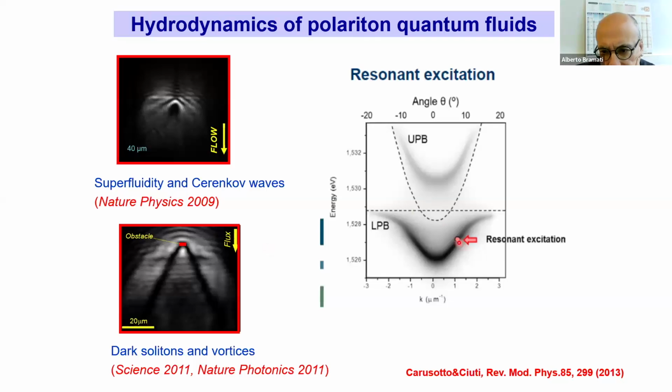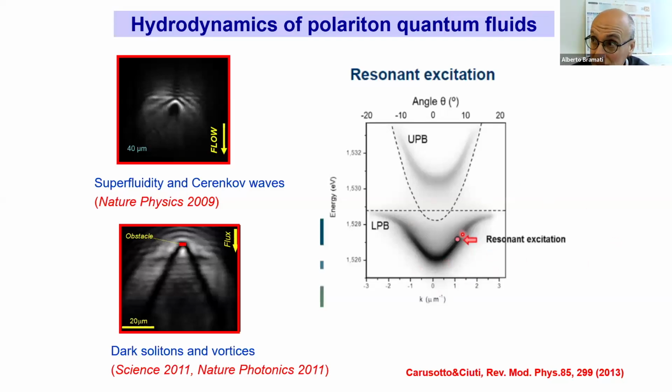In this case, using a resonant laser, we can create a polariton fluid in a specific state, controlling very precisely the different parameters of the fluid. In particular, we can control the density of the polariton fluid, and this is done quite simply, just by controlling the intensity of the resonant excitation laser beam.